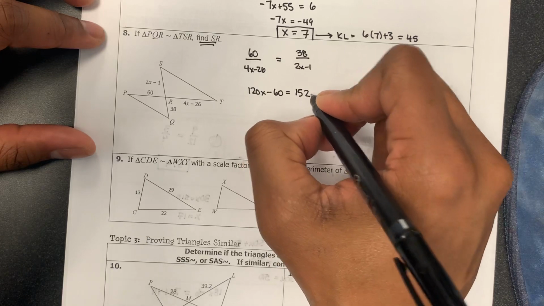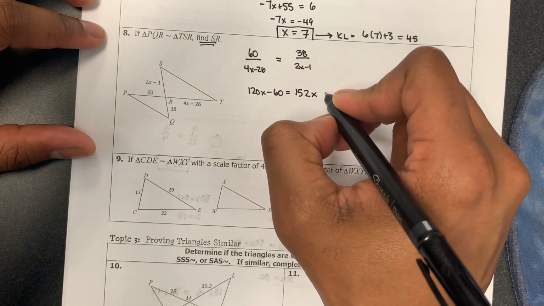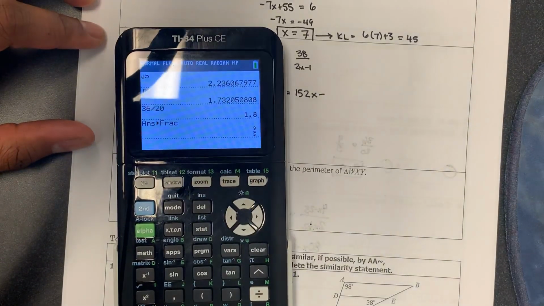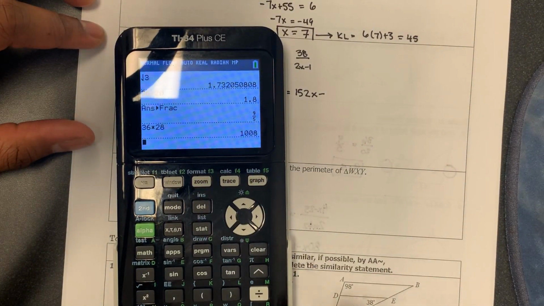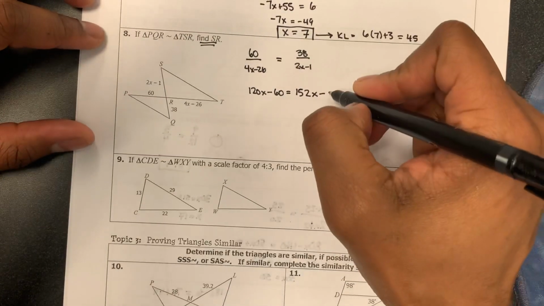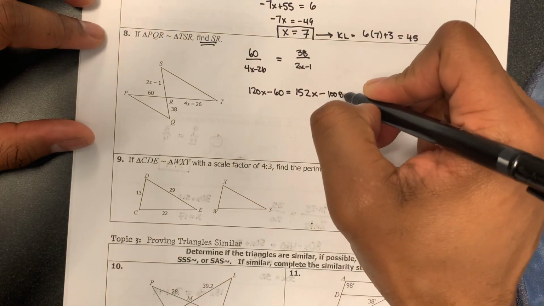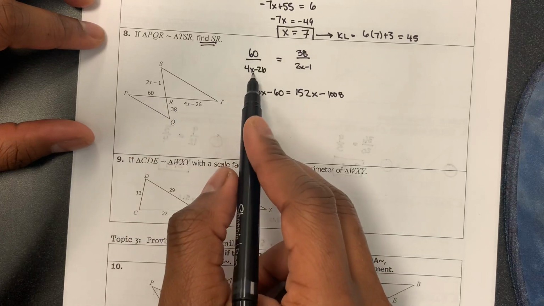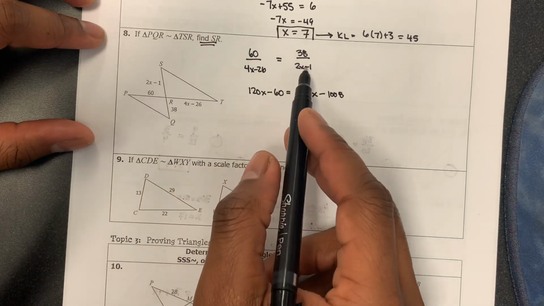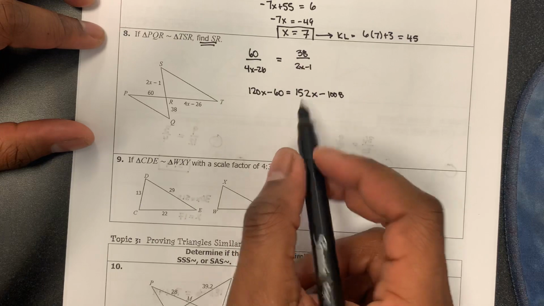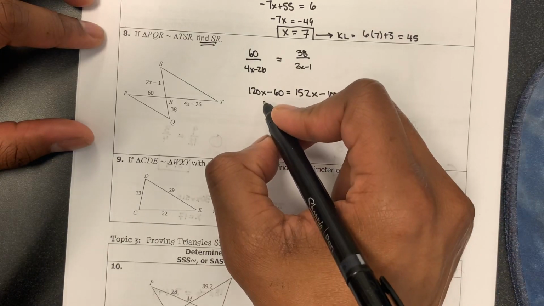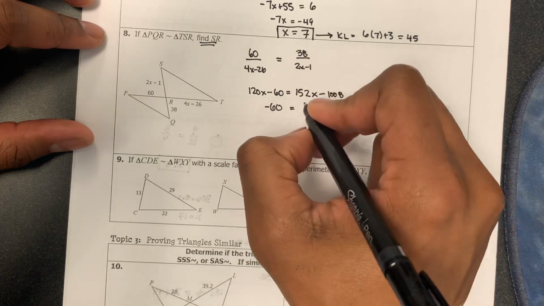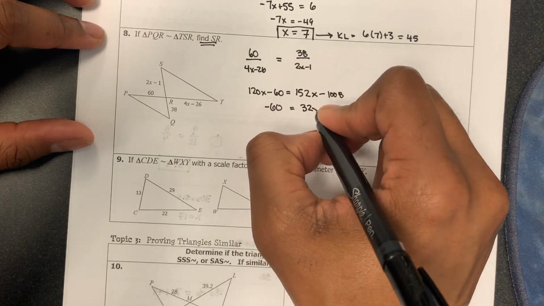152x minus 36 times 28, no clue. 1008. So minus 1008. Make sure that we did this one. 60 over 4x minus 26, 38 over 2x minus 1, cross multiply, sure. So if we subtract 120x from both sides, we get negative 60 equals 32x.